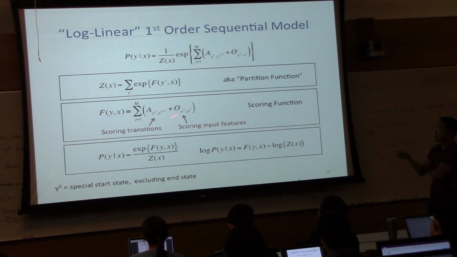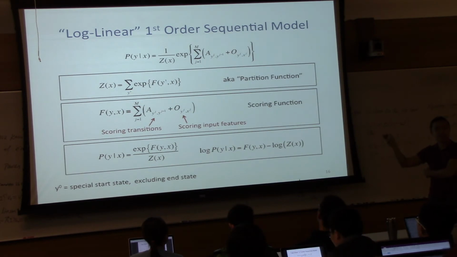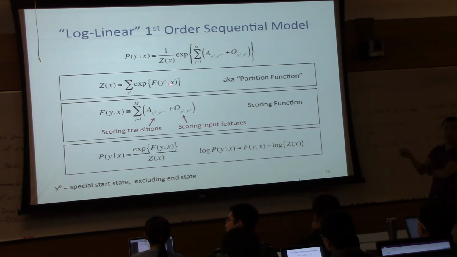And so I could also write this as an f of x, y, where y is now a sequence of outputs, instead of the single output in standard logistic regression. The parameter notation is different, but again, the thing you need to keep in mind is that it's just a linear sum over parameters. So then it looks like this again, where the Z sums over all possible sequences y prime of the same length as your input sequence x.